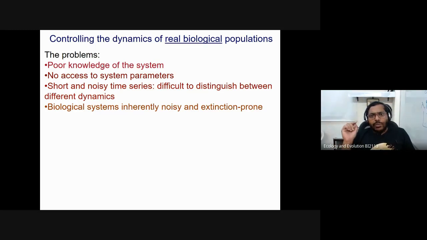Now, much of the time when you are dealing with a real system, you don't have an experimental handle on these things. R is not something that you can directly control.